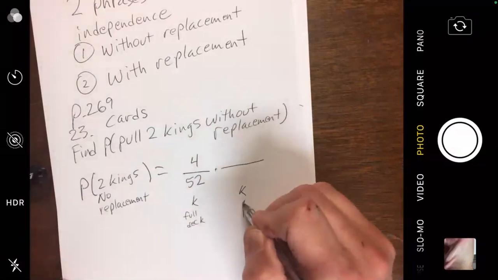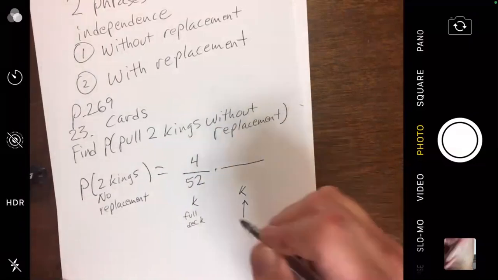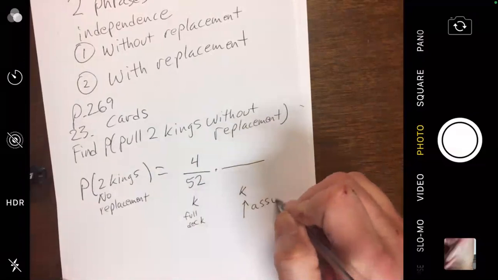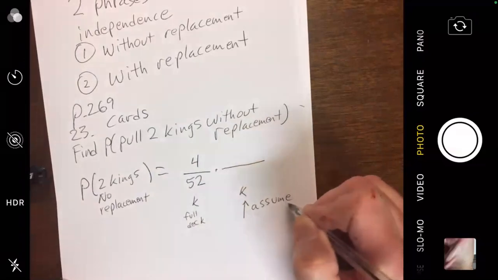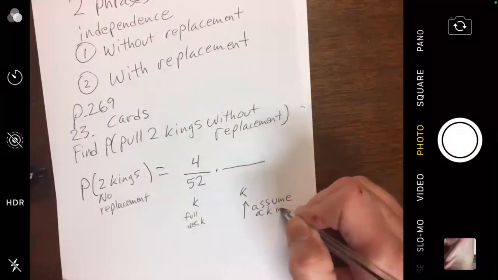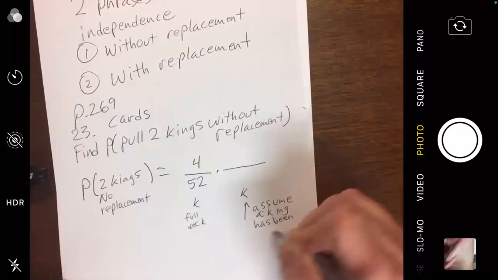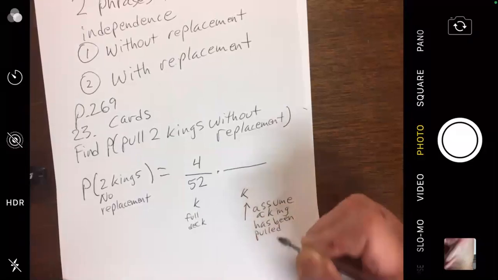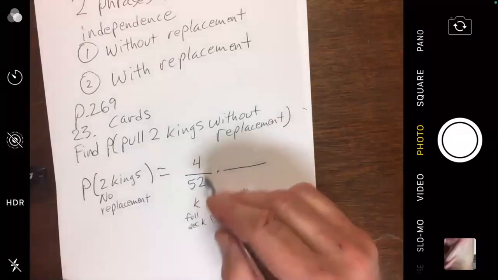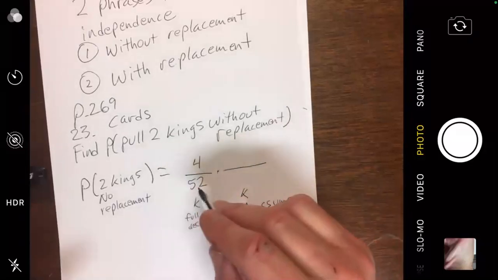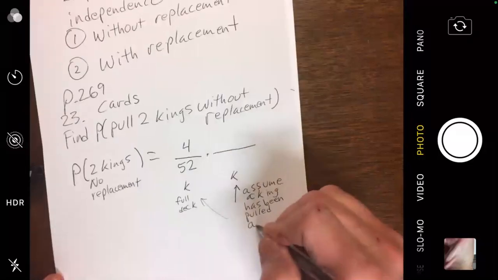Okay, here's the rub. The phrase no replacement, without replacement. When you go to do the second pull, you assume a king has been pulled. This one is a king. You assume it was pulled and not replaced.